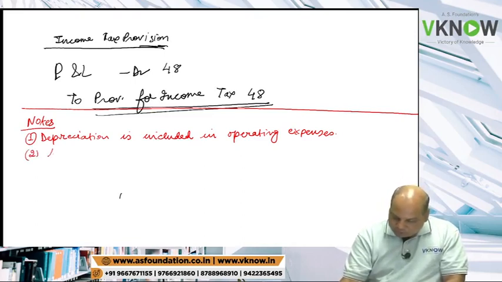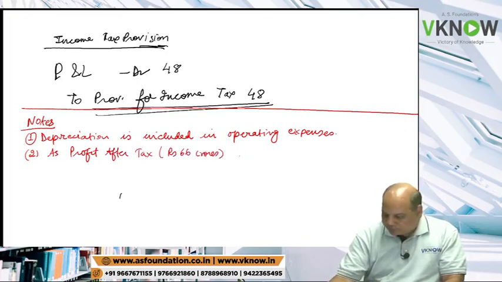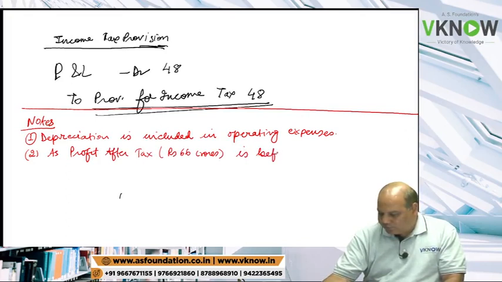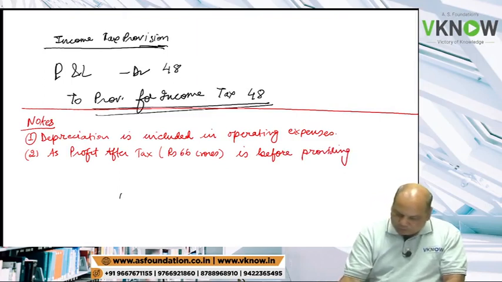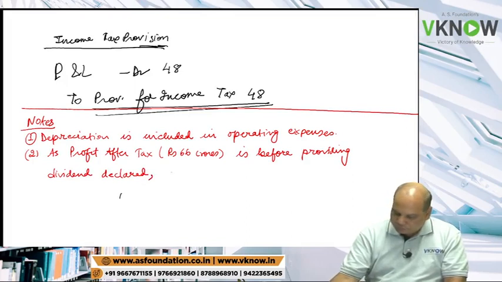Second note, write down: profit after tax (in bracket, rupees 66 crore) is before providing for the dividend declared.